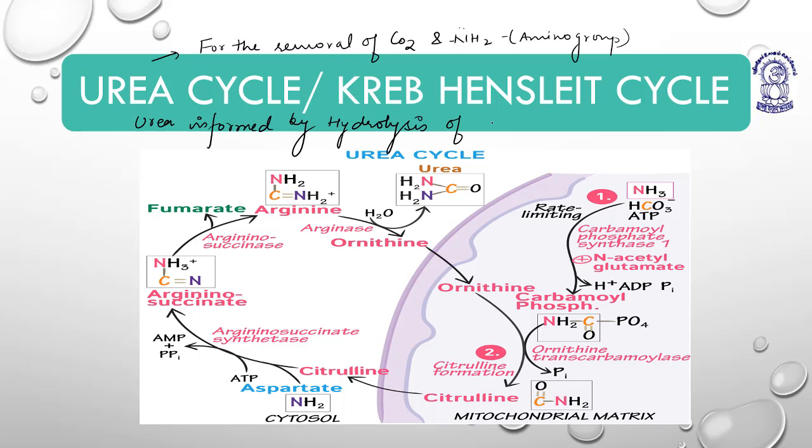So the urea cycle, or Krebs-Henseleit cycle, is for the removal of CO2 and amino group. Urea is formed by the hydrolysis of arginine. This process takes place in the liver.